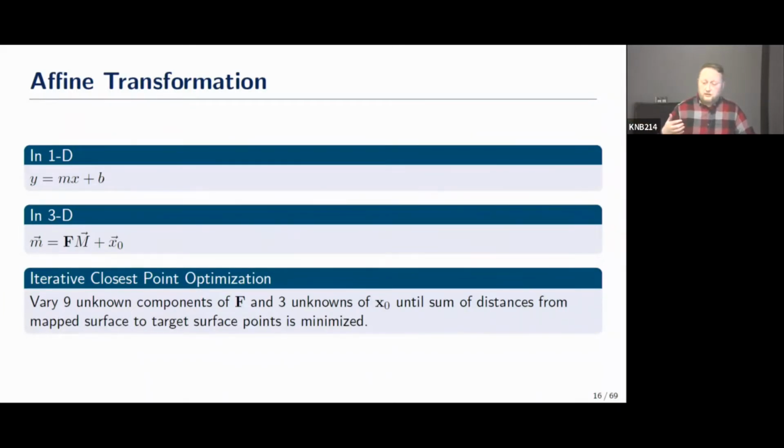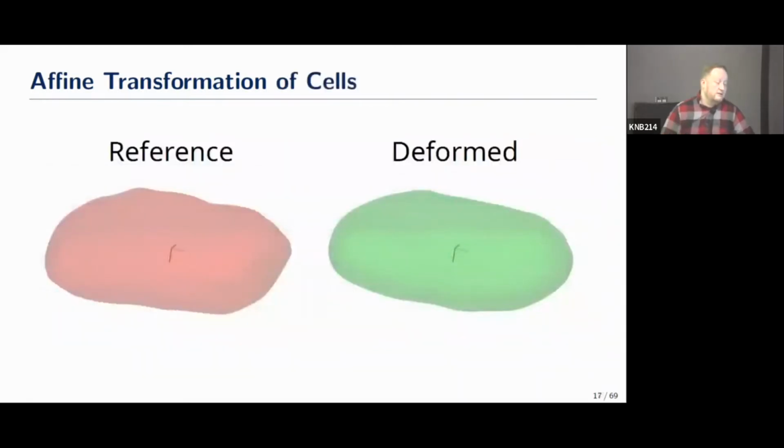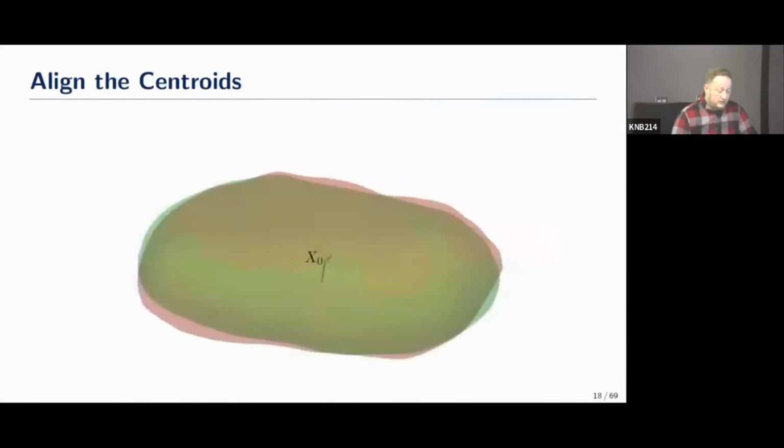We're solving an inverse problem there, looking for those components of F and x naught. We can do that with an optimization technique that looks something like this. If on a cell we attach at the centroid in the reference configuration a coordinate system, and then likewise that same cell in the deformed shape, at its centroid we attach a coordinate system, align those coordinate systems and call that origin x naught.